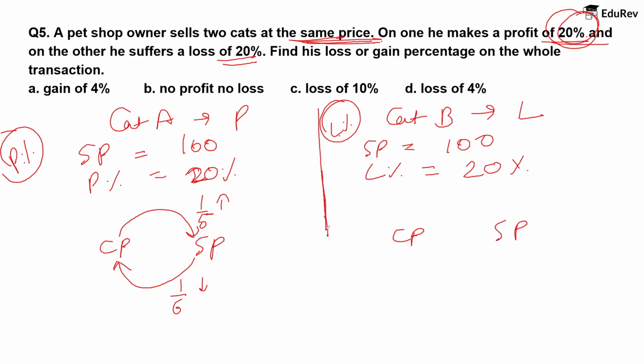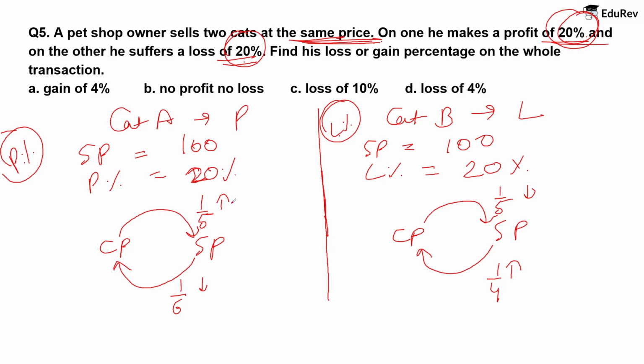Let's first understand for both and then we'll generalize the formula. In the second case, while going from CP to SP, there's a decrease of 1 by 5 because it's a loss of 20%. So if I ask you what is the increase while going from SP to CP, that will be nothing but a 1 by 4 increase.